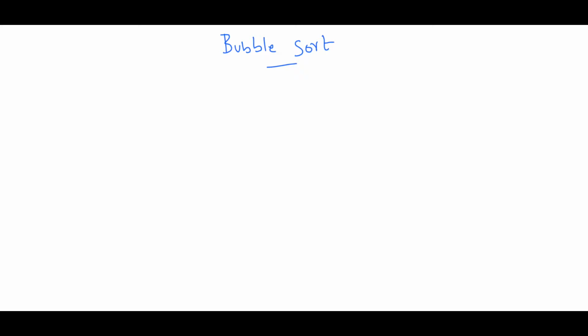So let's say we use a variable called current index. I'm going to write it out anyway, current index.